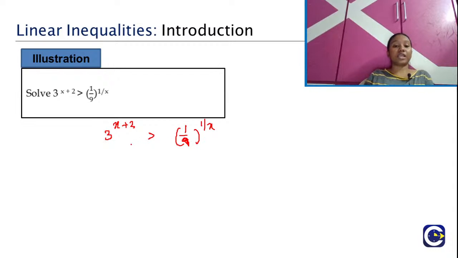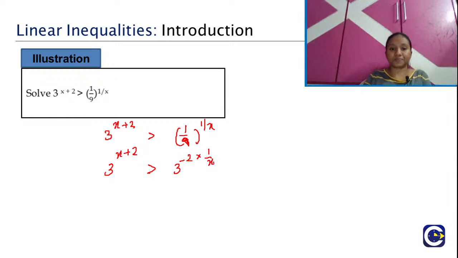So we cannot make 3 to 9, but we can make our 9 to 3 easily, because 9 can be written as 3 square. So 3 power x plus 2 greater than 3 power minus 2 into 1 by x. That means 3 power x plus 2 greater than 3 power minus 2 by x.